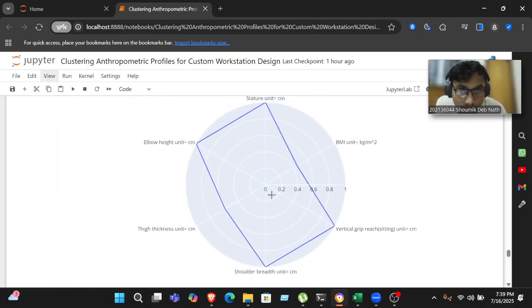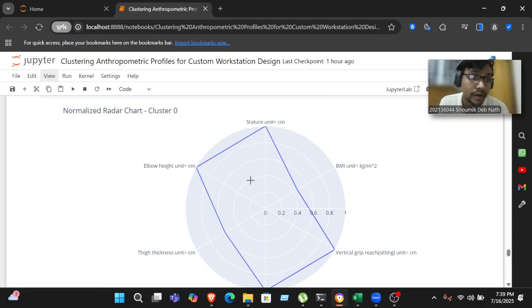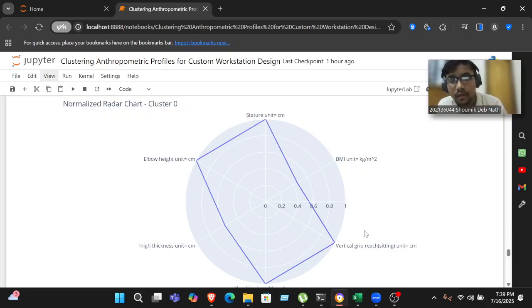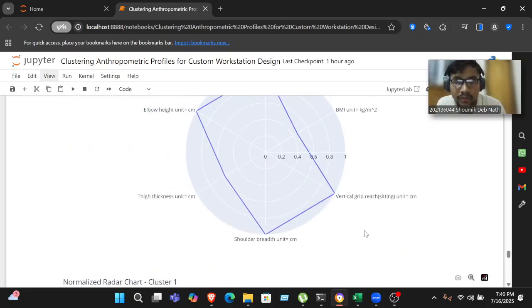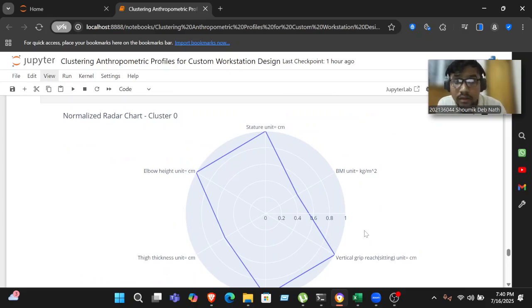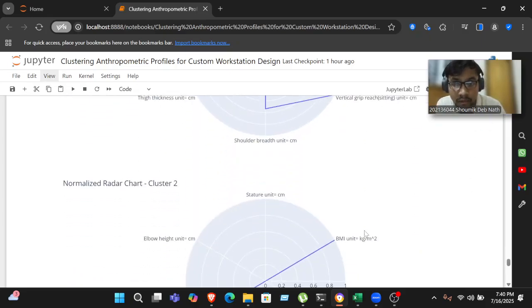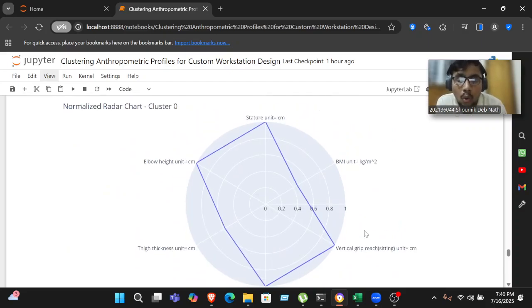So look, what do you think? It's very fresh, right? The main features that have been pointed out are given here, cluster-wise: cluster 0, cluster 1, and cluster 2. And what do you realize by seeing this normalized radar chart of cluster 0?